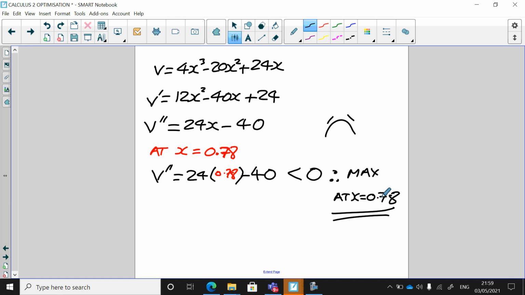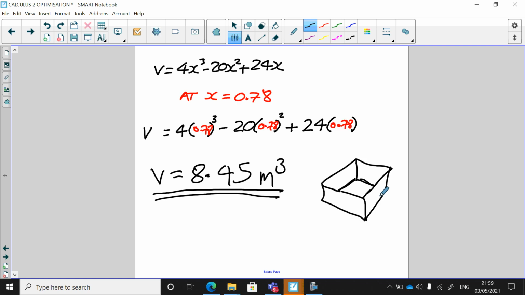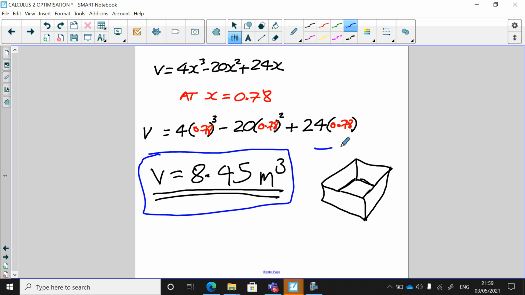Okay, so I'm kind of framing that. Right, so then I did stick in 0.78, and it yielded a volume of approximately 8.45 meters cubed from my wee box there. There you go. Perfect. I am happy with that.